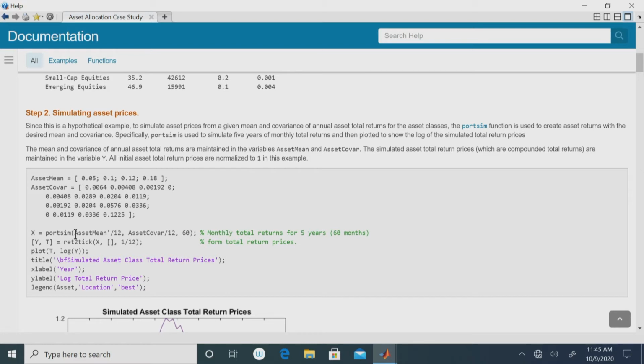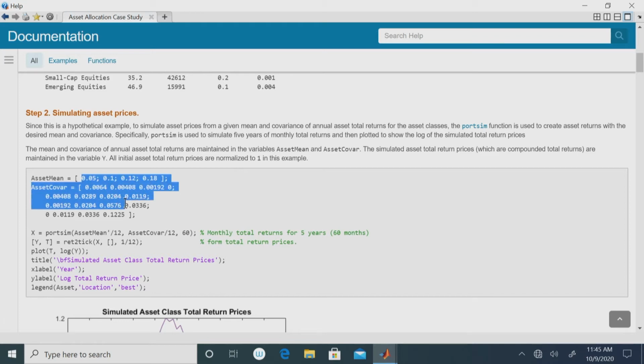So, here the asset mean divided by 12 essentially gives you the monthly return. The values that we have here are the annual returns. The asset mean and asset covariance that you have are annual. So, basically you look at the past data to see what has been the yearly return, and then you divide that by 12.